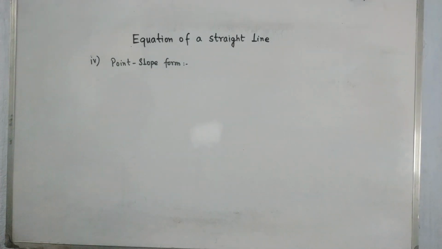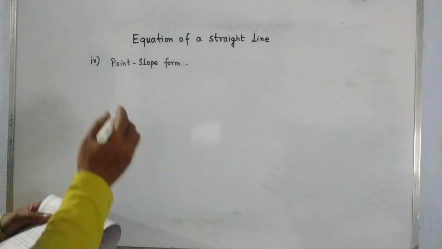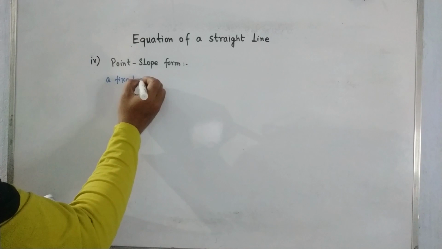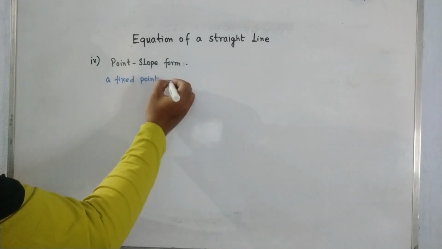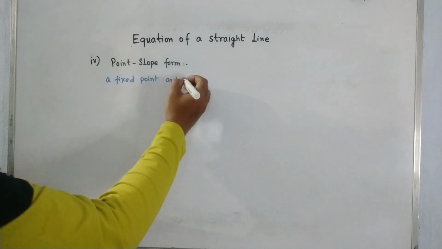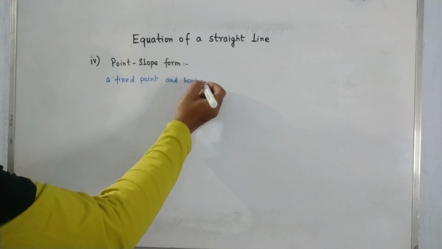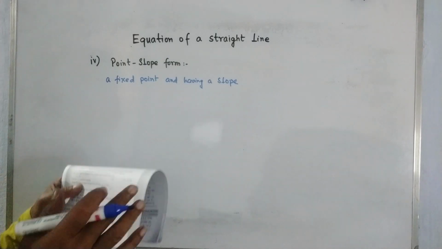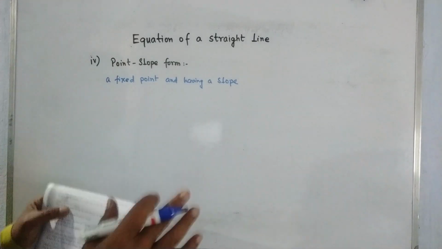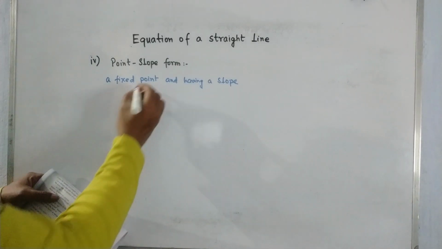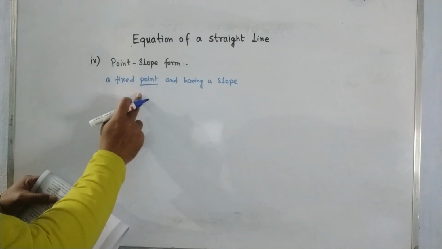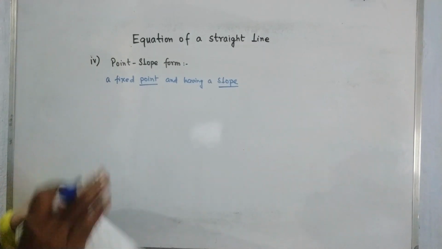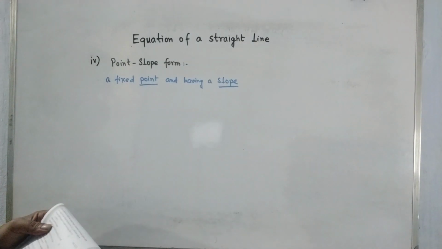To find the equation of a straight line which is passing through a fixed point and having a slope, that point is required and the slope is required. If these two things are given, then you can find the equation of the straight line.